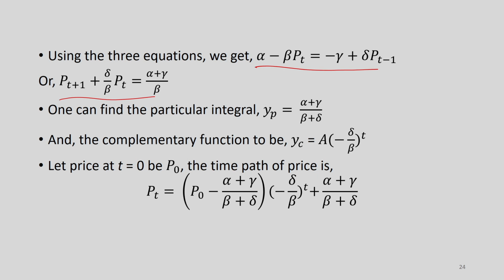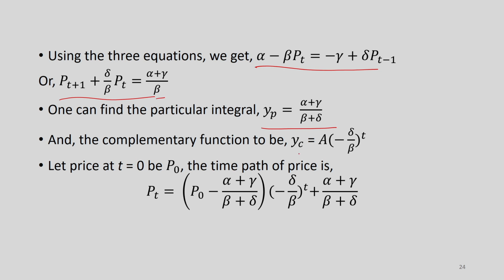And we know how to solve such a first order linear difference equation. We can find the particular integral yp, and I am not going into the detail of that. It will be equal to alpha plus gamma divided by beta plus delta.